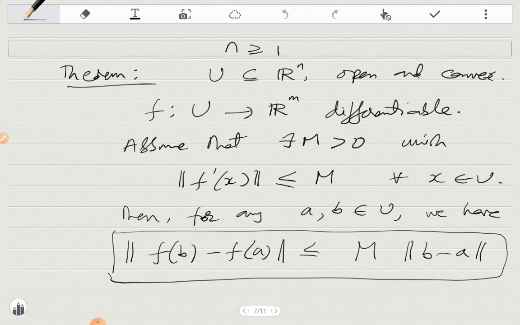So now I assume that the domain is an open set in Rn, n bigger than or equal to 1. And I also assume that U is open and convex.